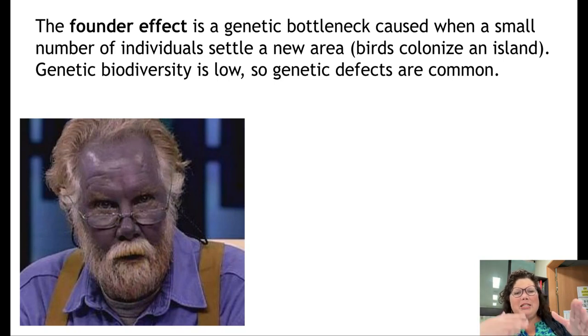And because they kept inbreeding, because the population was so small in this remote location, it meant that this defect kept continuing. So this is called the Blue People of Kentucky. Look it up. It's a fascinating story.